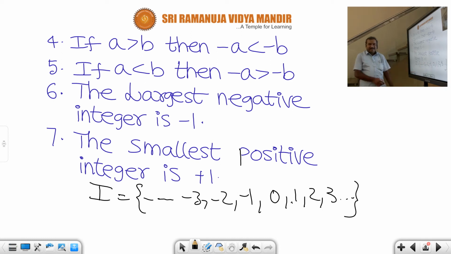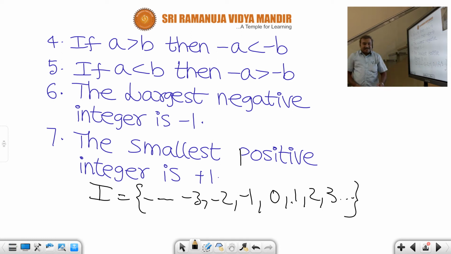Once again I am explaining. This represents the set of integers and it is denoted by the capital letter I. Positive integers start with 1, 2, 3 and so on.